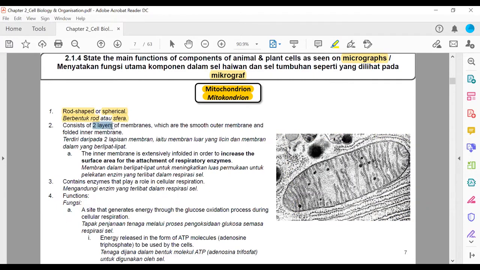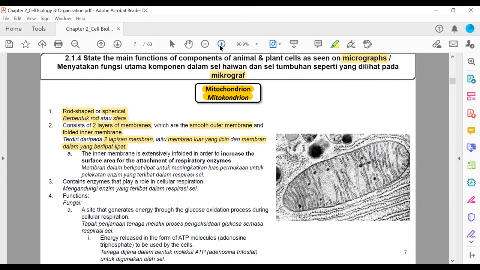Consists of 2 layers of membrane which are smooth outer membrane and folded inner membrane. Terdiri daripada 2 lapisan membran, iaitu membran luar yang licin dan membran dalam yang berlipat-lipat.